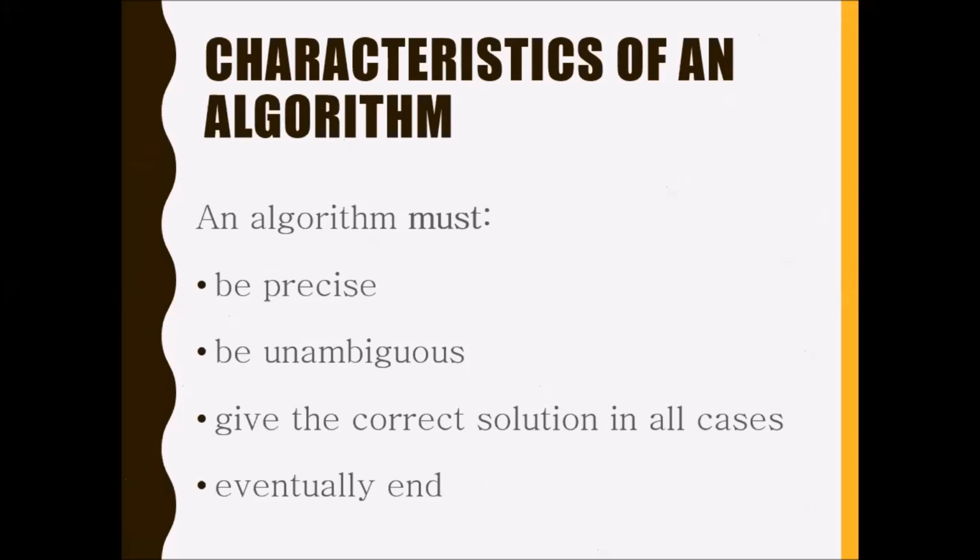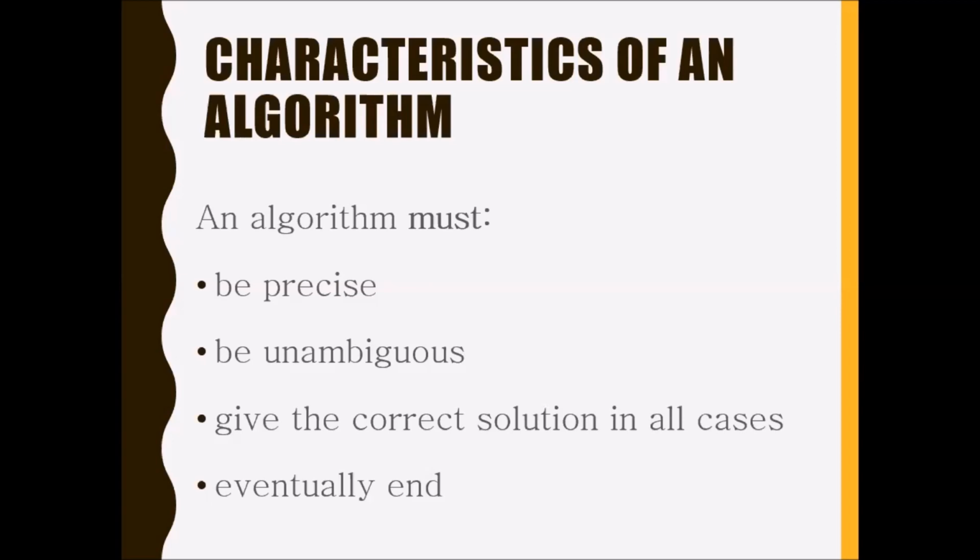So when you read it, you're not going to get multiple interpretations from it. It is 1 plus 1 equals 2. It is sum divided by 3. It is output average. It must be clear. It must give the correct solution in all cases.